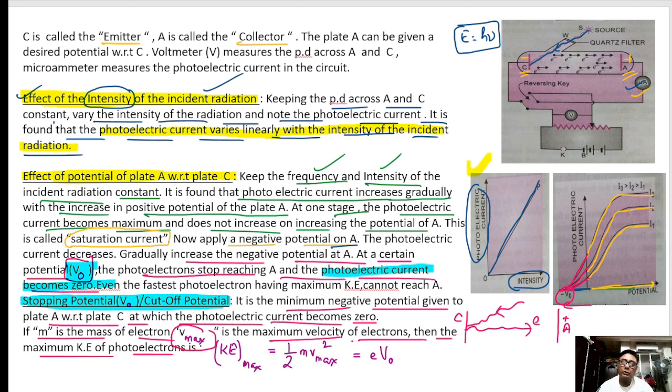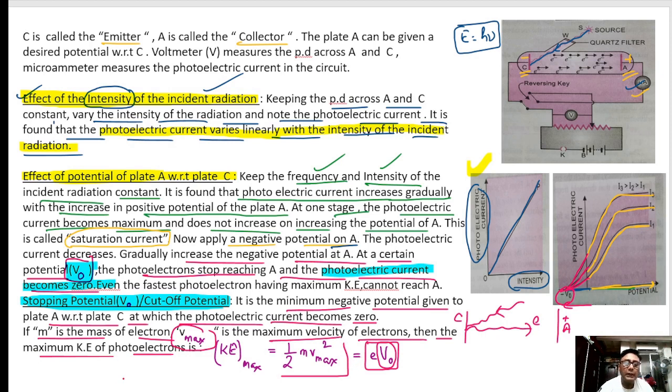If we apply a negative potential on plate A, we can stop the emission of electrons, that is, the electrons coming out with this much energy could be stopped.